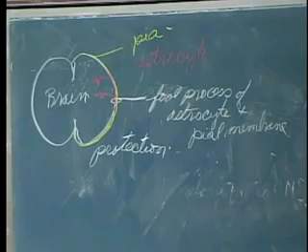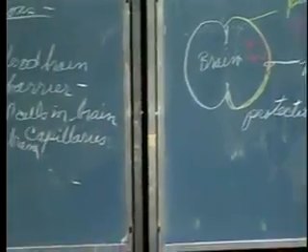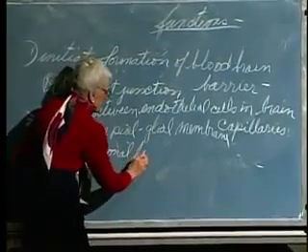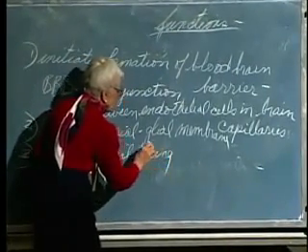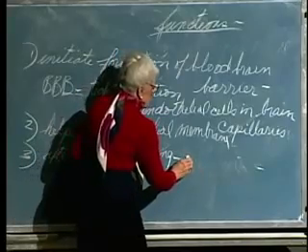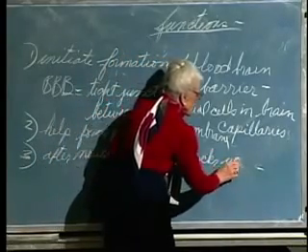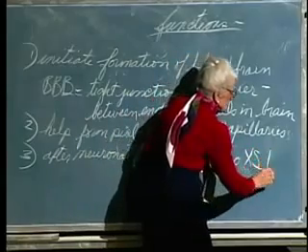Now, why else do we have astrocytes? Every time your nerves fire, they liberate potassium. Astrocytes pick up that excess potassium. So after neuronal firing, the astrocyte picks up excess potassium.